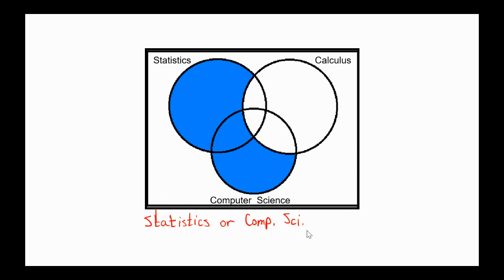Okay, now I have to be careful here though, because if I said statistics or computer science, I'm including this area. But does it include that area? No, so how can I cut that out? What do I have to say?